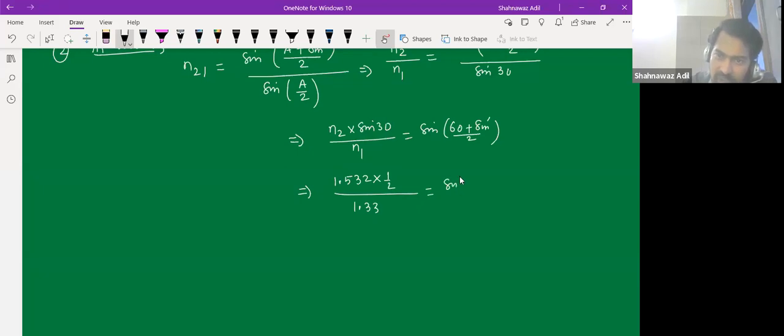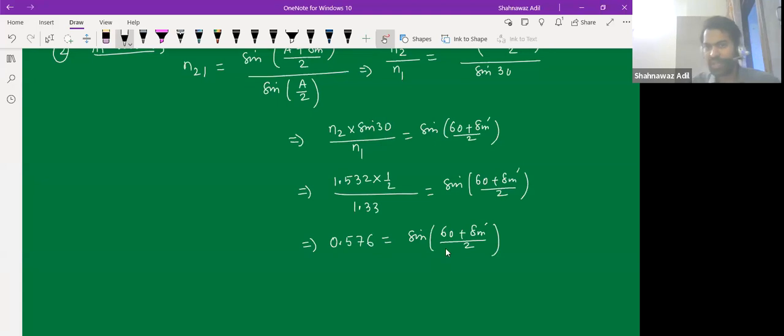And this is sine of (60 plus delta M) divided by 2. So this is 1.532 into 0.5 divided by 1.32, which is 0.576, equal to sine of (60 plus delta M) by 2.